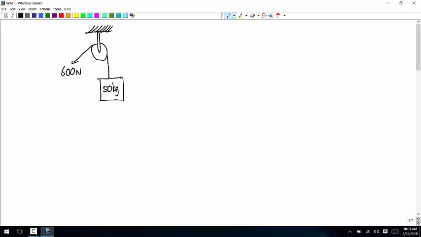And then, does it say anything about... Radius is 0.1?